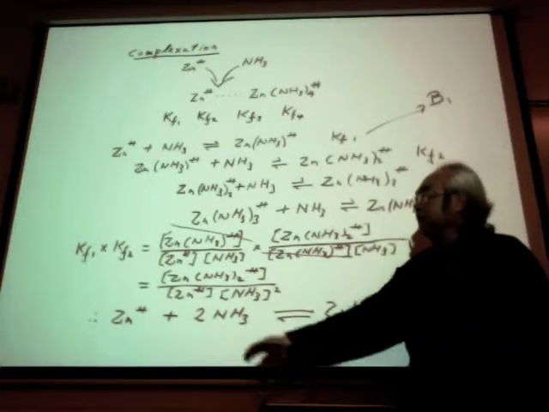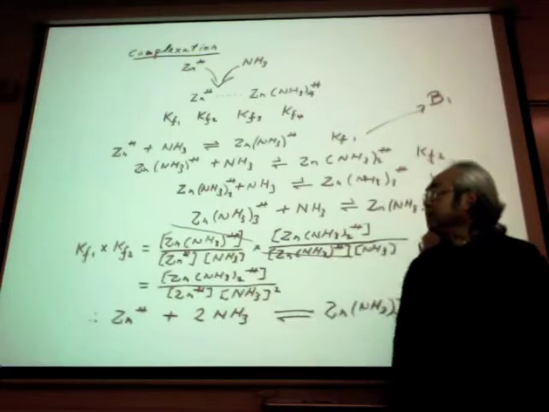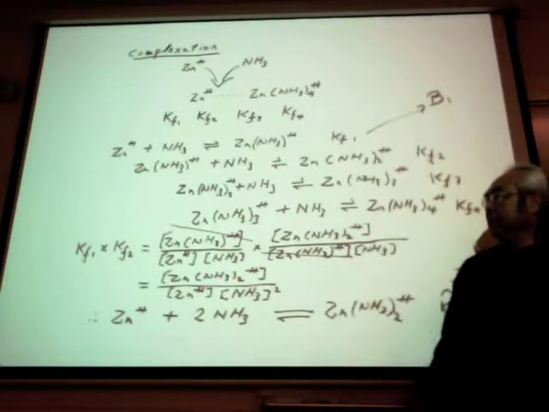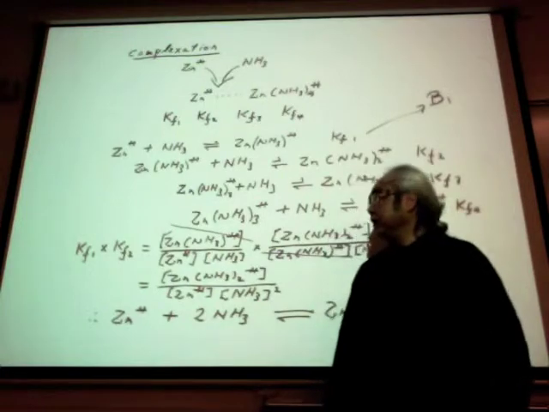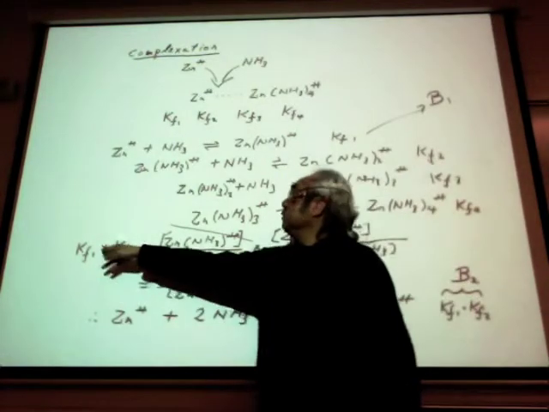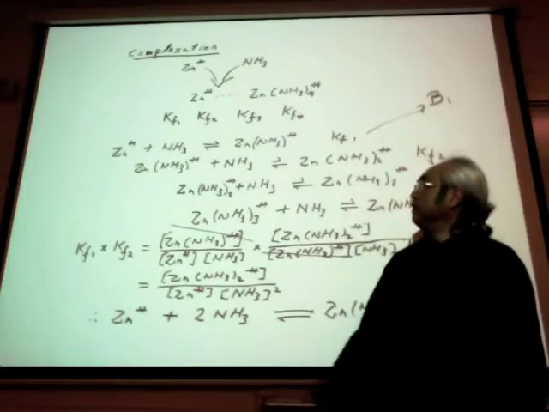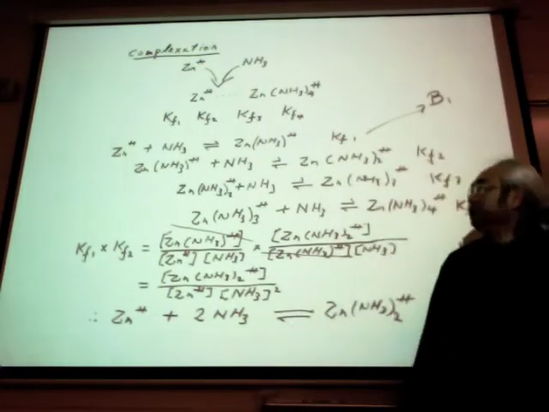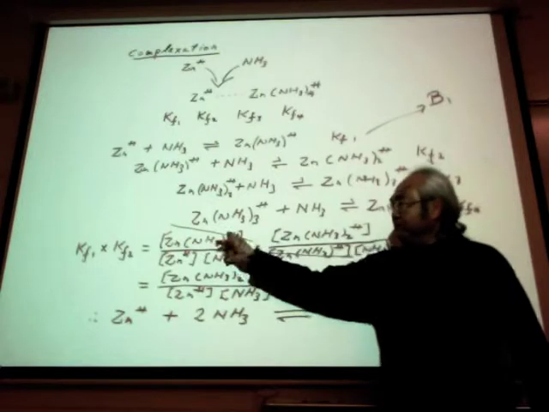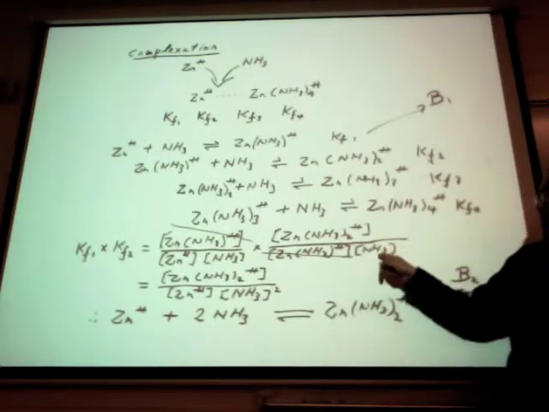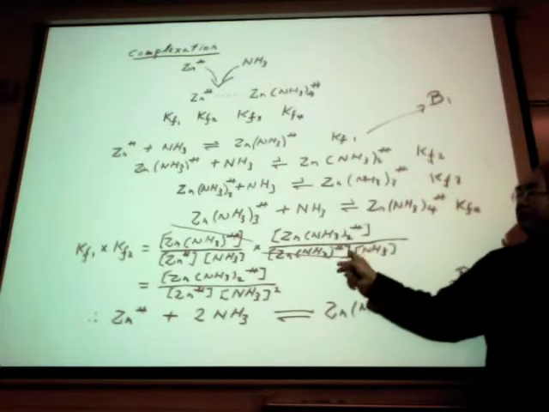Okay, so now you know some more complicated expressions. So what if you multiply KF1 and KF2? What does that mean? Independently, KF1 is this one. Independently, KF2 is this one.